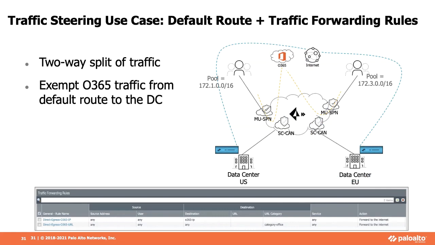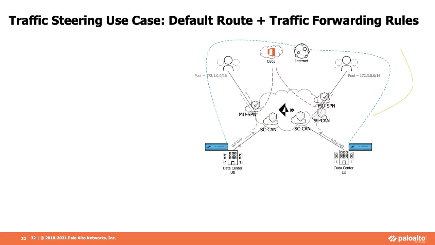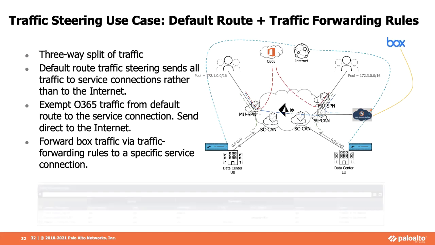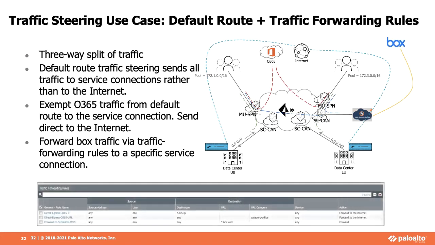Traffic forwarding rules are going to override the default routes. So then we have the ability to build upon this and have different traffic splitting off, going in different directions based on the default routes, traffic forwarding rules, and exceptions to that with the forwarding directly to the internet.